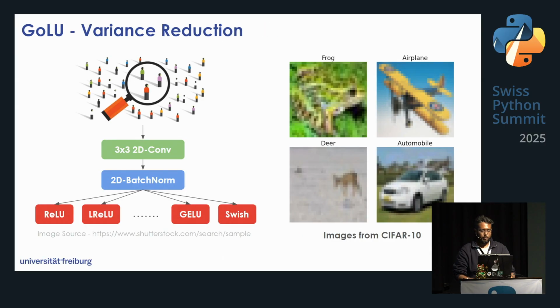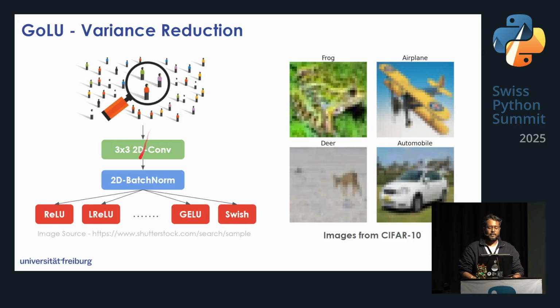Moving on to the next set of properties, the first property that GoLU introduces is variance reduction. To prove this, we do a very simple experiment. We take the very famous CIFAR-10 dataset and randomly sample 4 images, as you can see on the right-hand side of the slide. So we have a frog, airplane, deer, and automobile.